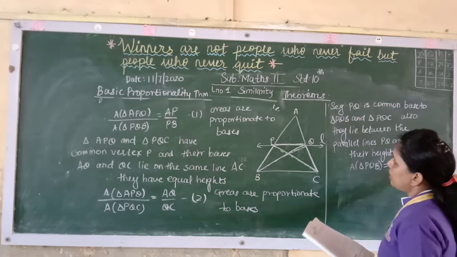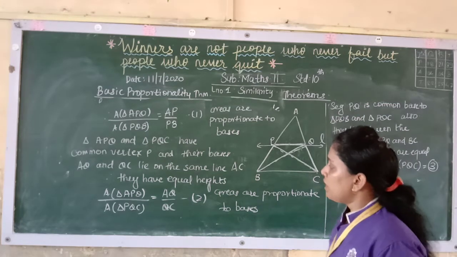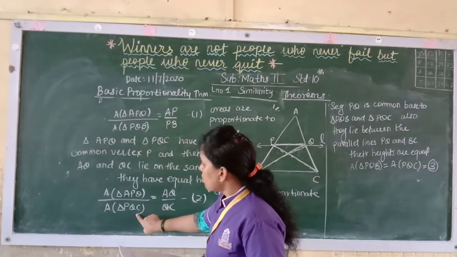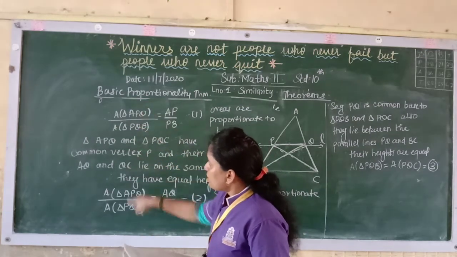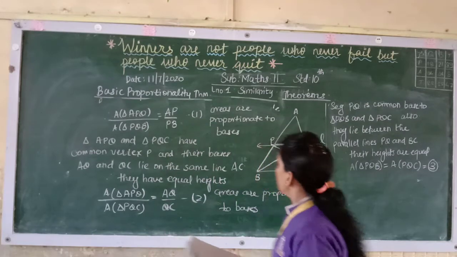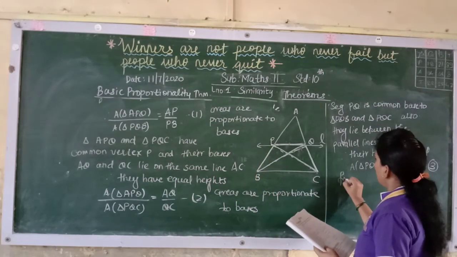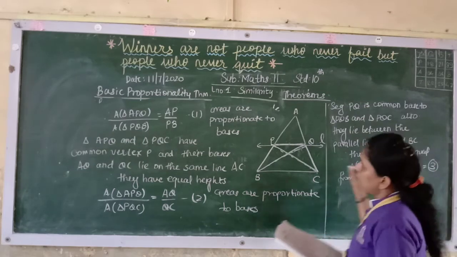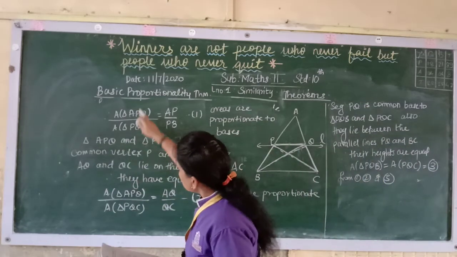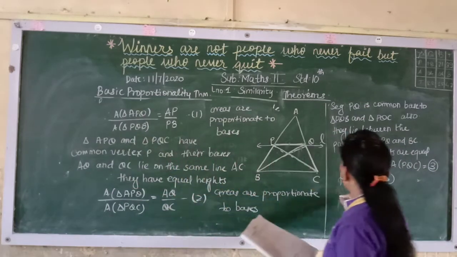Give this as 3. Now see from 1 to 3. This PQB and PQC are equal. If they are equal, all these ratios will be equal. So what will you get from 1, 2 and 3? If this is equal, this means this entire side is equal to each other.